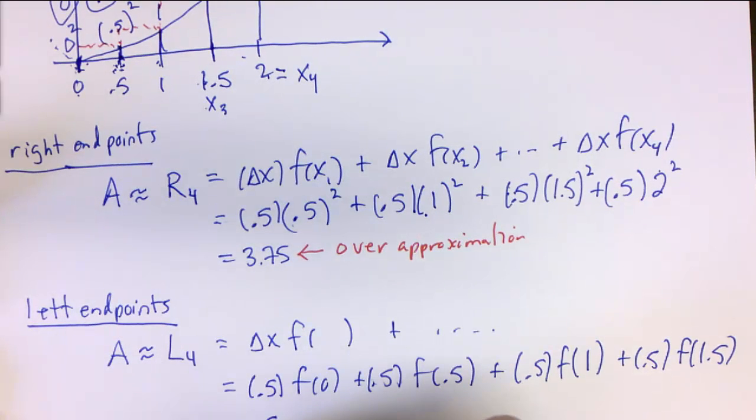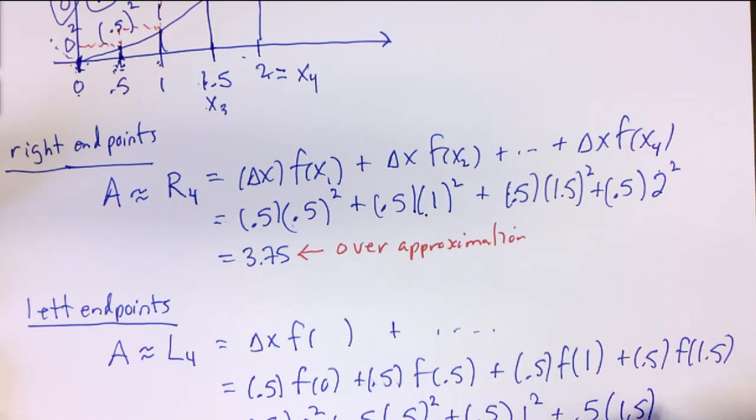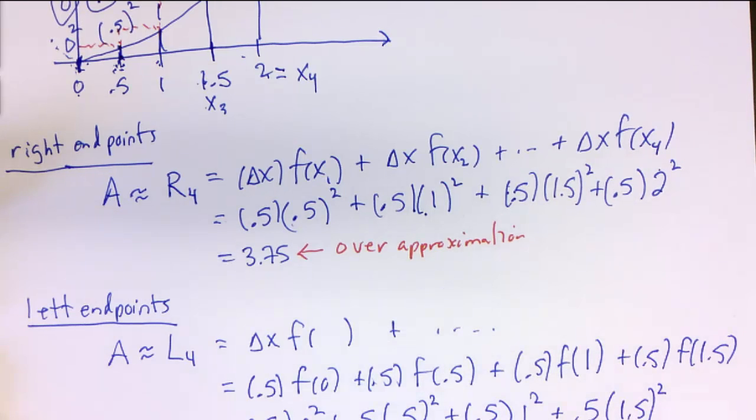So this is 0.5 times 0 squared plus 0.5 times 0.5 squared, etc. Pick up your handy dandy calculator, and this sum comes out to be 2.75.